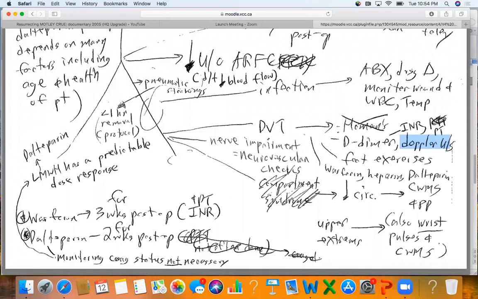We got to do neurovascular checks. We'll talk about what those are in INP, but essentially you're making sure that no nerves are damaged or are being impinged upon by way of swelling, and you're also making sure that circulation down to the end of the extremity is adequate. Neurovascular, it's all in the name.